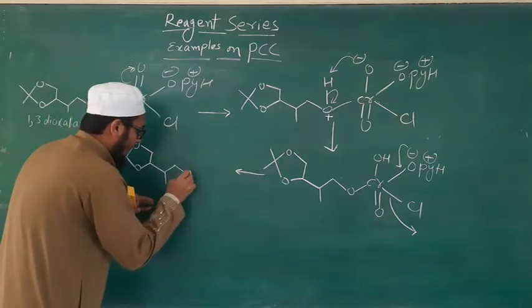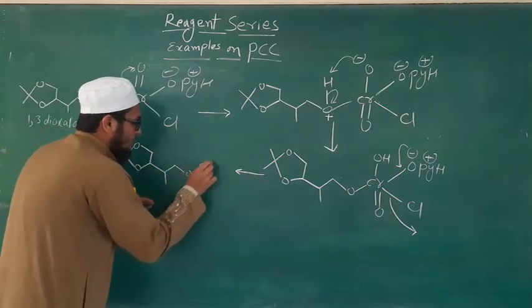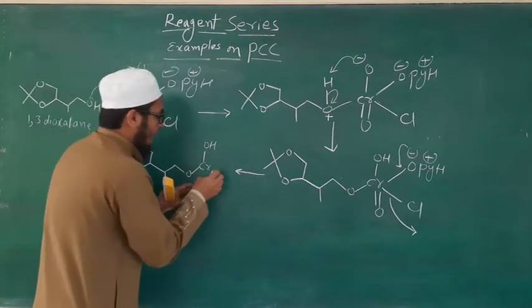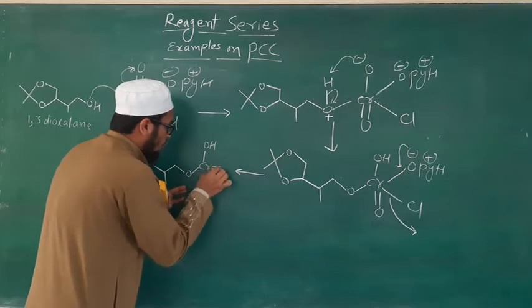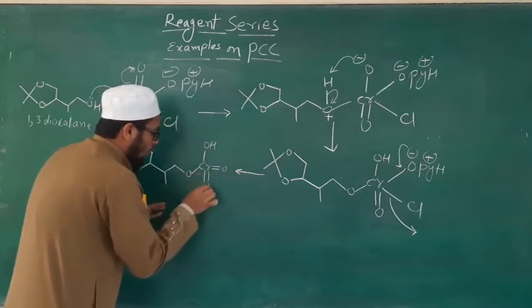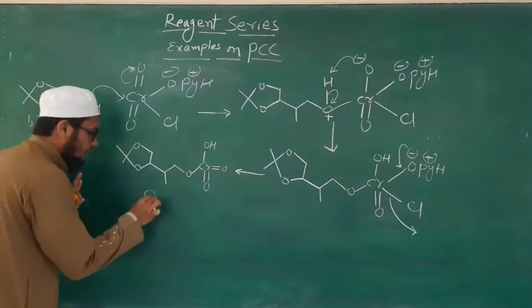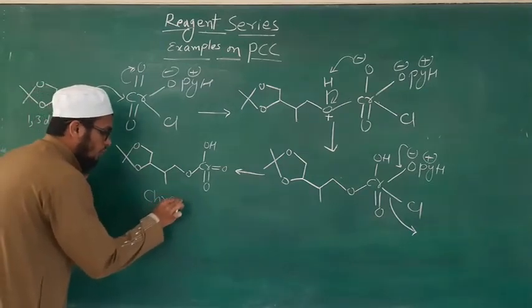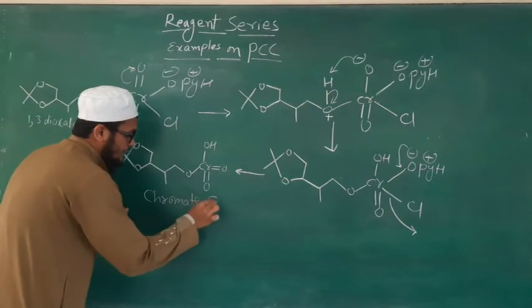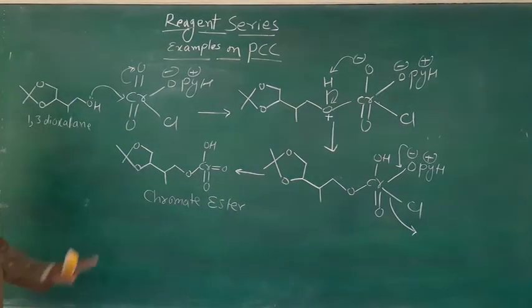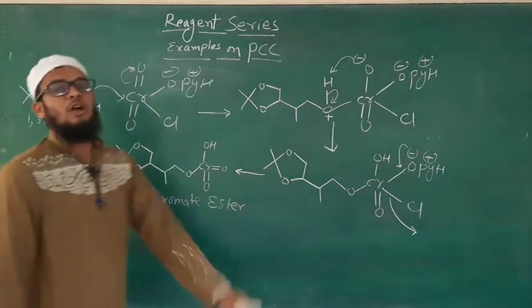Now here we have chromium, we have OH here, double bond O here, double bond O here. Okay. What is this? It is called chromate ester. This is the first step, formation of chromate ester.